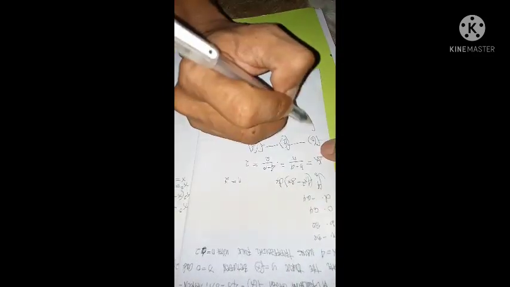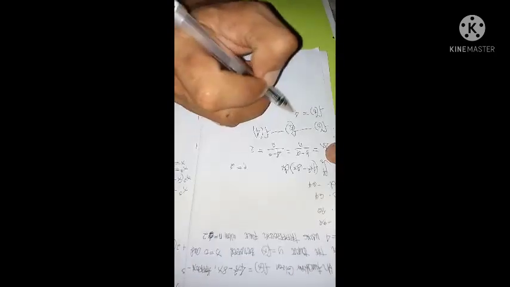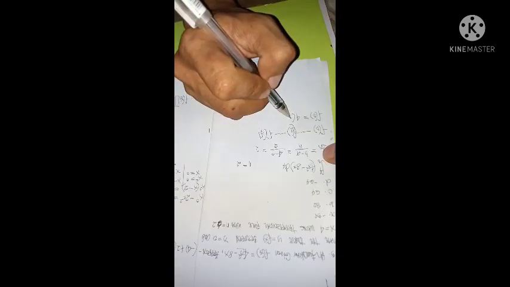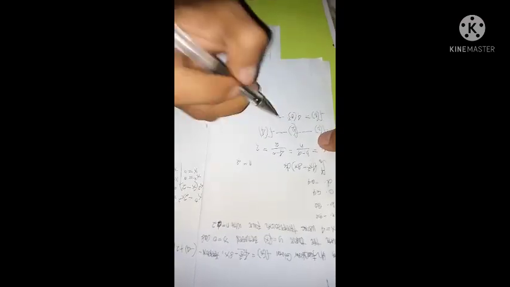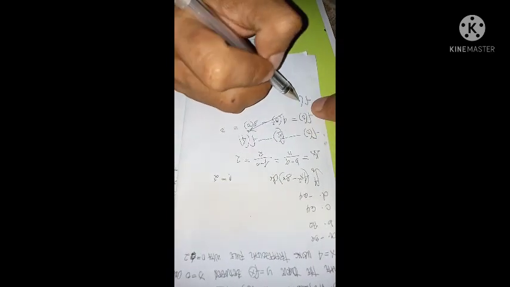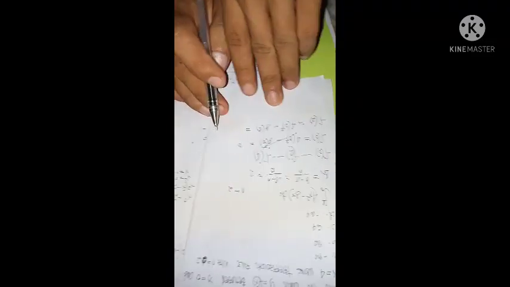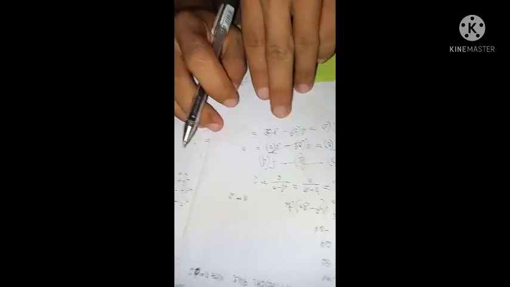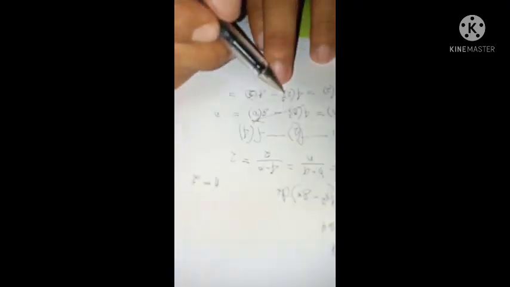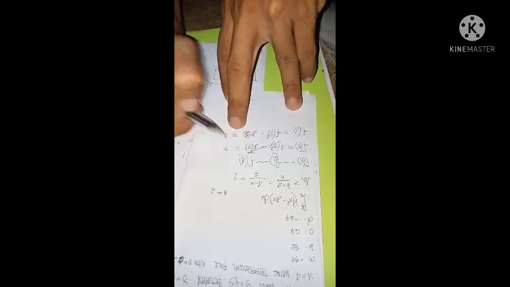So here, f of 0 is equal to 4 times 0 squared minus 8 times 0, which is equal to 0. And f of 2 is equal to 4 times 2 squared minus 8 times 2, which is equal to 4 times 4, 16, minus 16, which is equal to 0.